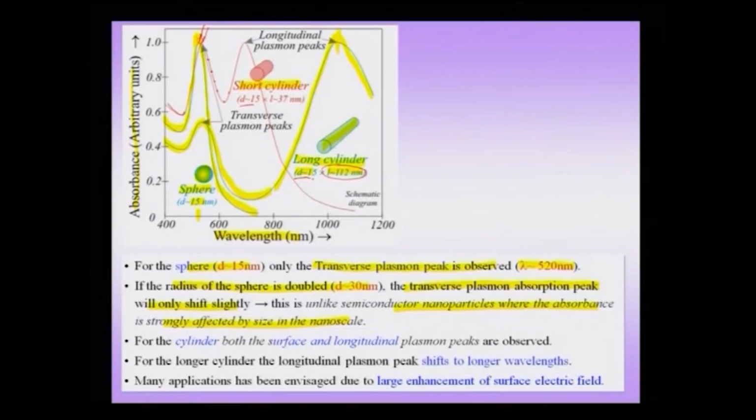So, the transverse plasmon peak appears at the same place as in the case of the long cylinder, but the longitudinal mode has shifted to shorter wavelengths, in other words higher frequencies. This shifted peak is coming from the longitudinal plasmon.